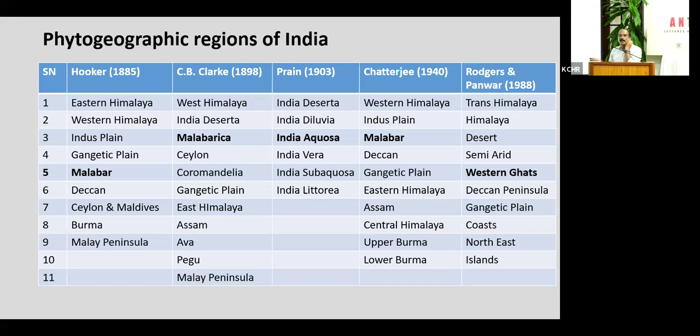Okay, so that is a uniform thing, which indicates that it also has a unique wealth of plants. Okay, that's why all are very agreeable on the phytogeographic zone which is called Malabar, which is largely the Western Ghats region of peninsular India.